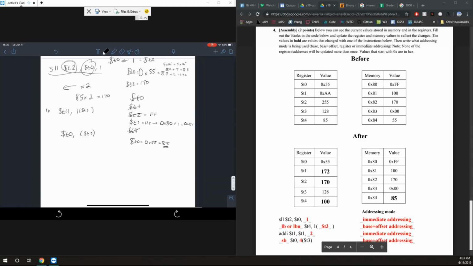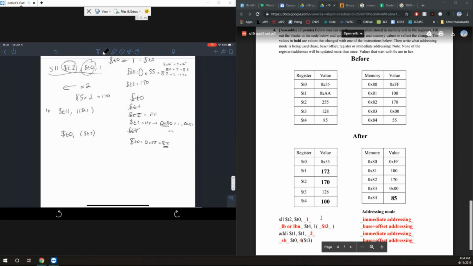Does that make sense for people? You add 4 to T3, right? Because here we're doing memory addressing again. And so because it gave us T3, saying that we were going to have to do something to T3. T3 is, yeah, 131.